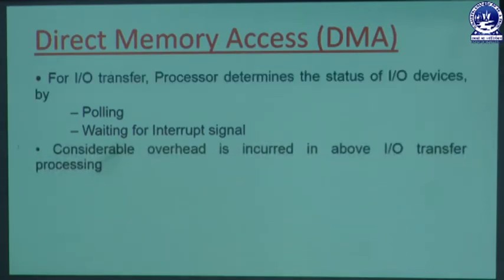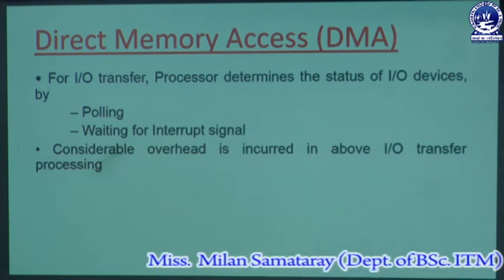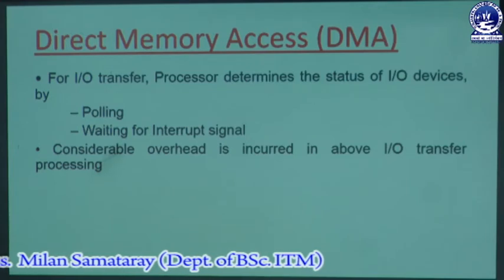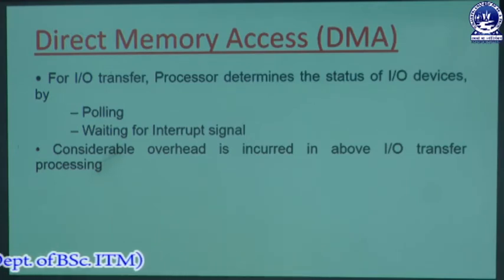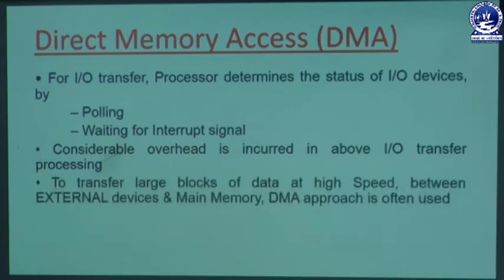For input output transfer, the processor determines the status of input output devices by polling or by waiting for interrupt signals. Considerable overhead is incurred in the above IO transfer processing. So, to transfer large blocks of data at high speed between external devices and main memory, the direct memory access approach is used.